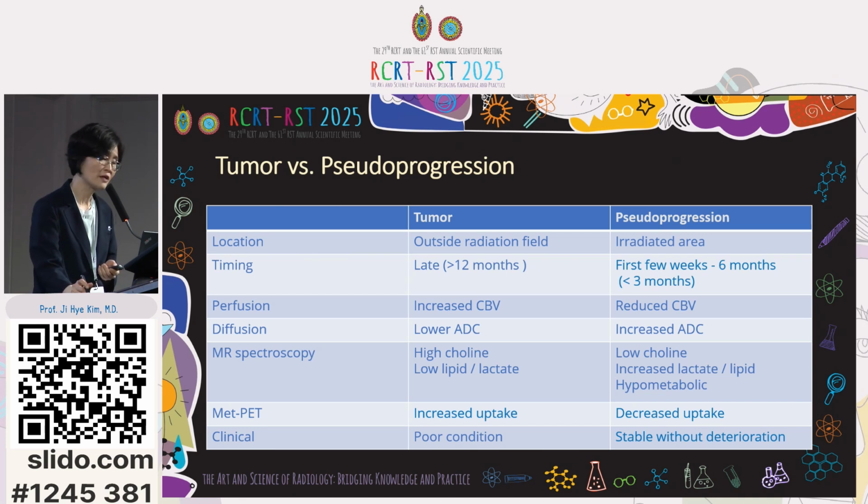Diverse typical findings of the viable tumor, including the increased cerebral perfusion, low ADC values, high choline peak on MRS, and increased methionine uptake on PET, are not seen in pseudoprogression, or the reverse is true. The patient condition is deteriorating in patient with a tumor progression, but stable in pseudoprogression.